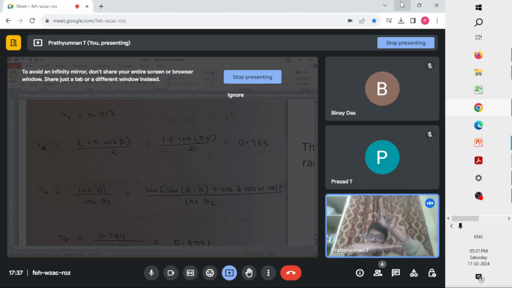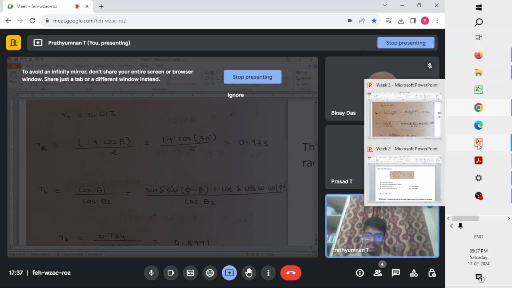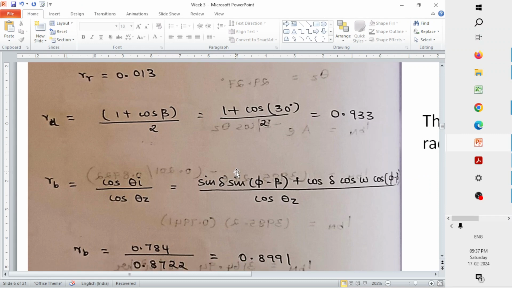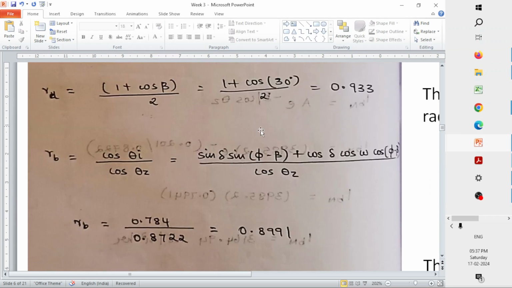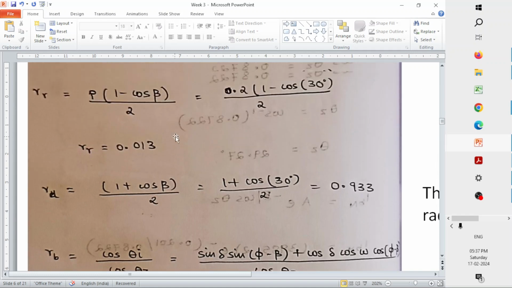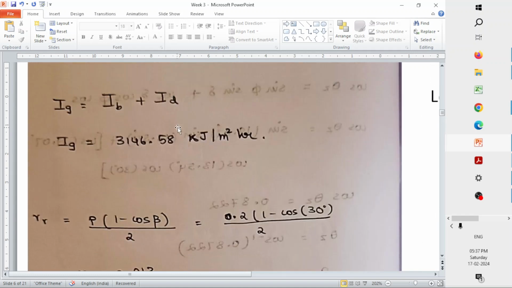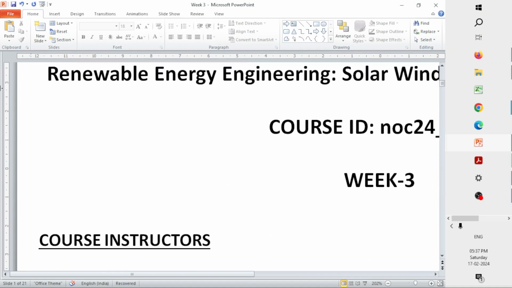The angle between the normal to the horizontal surface and the sun beam direction is your zenith angle. So zenith angle is the case where we assume beta equal to 0 degrees. That is how we calculate zenith angle. For cos of theta Z, we have to go to the previous slide. What will be the zenith angle calculation?